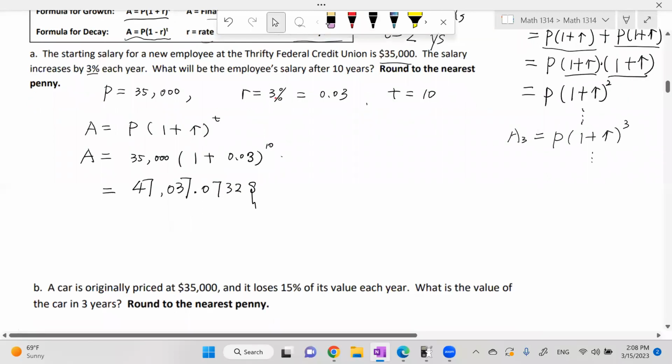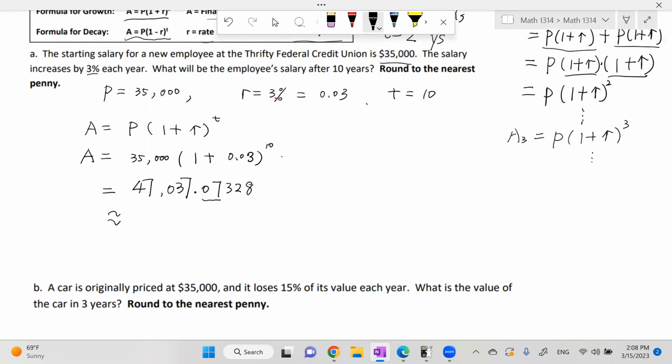We need to round it to 2 decimal places, right? Because round to the nearest penny means we need to keep only 2 decimal places. The digit after 7 is 3, which is less than 5, so I can ignore it. So the money is 47,037.07.